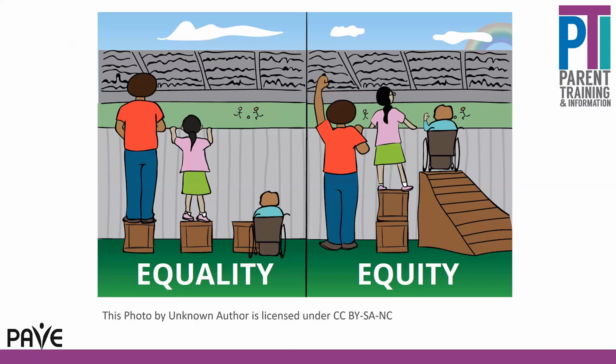You can see from this picture that getting the same help doesn't give all students the same opportunity. The little guy can't see the game. The help that makes access to learning equitable is what meets the standard of FAPE. Free, appropriate public education. We'll talk more about FAPE in a moment.